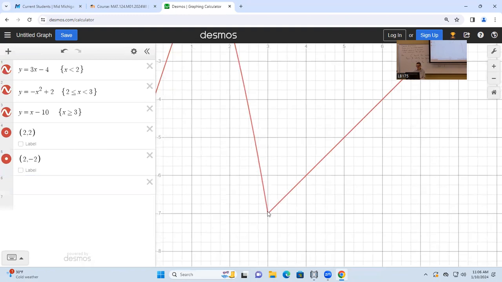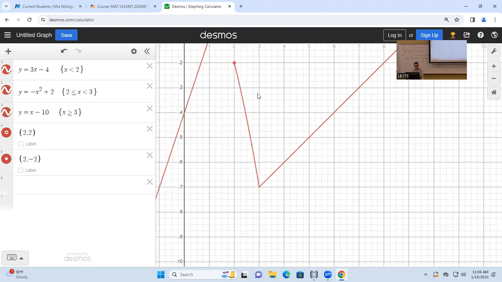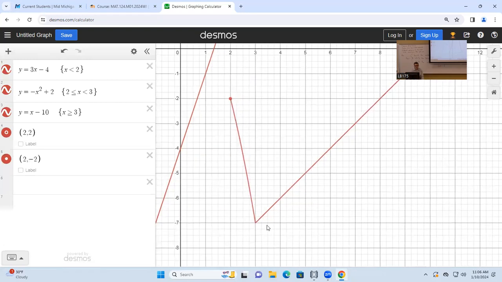Here's an interesting little tidbit. Notice that between the second piece of our function and the third piece of our function, they actually kind of converge to the same point.